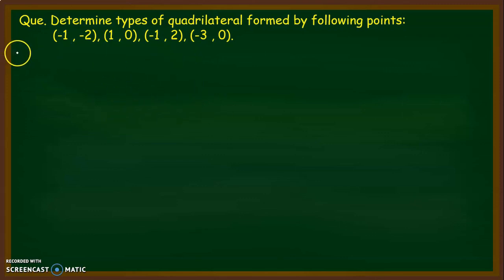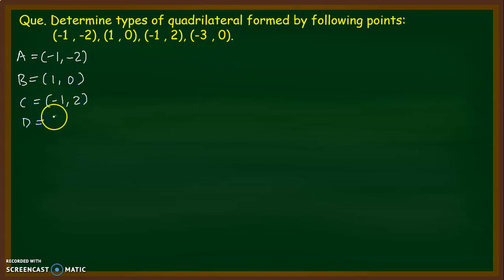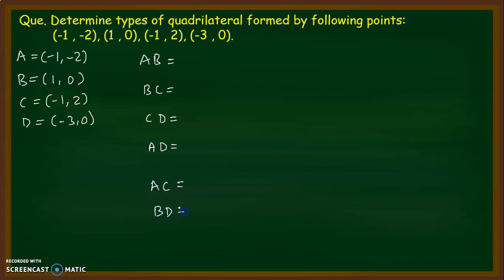So let's say this is the point A equal to -1 comma -2, second point B 1 comma 0, third point C -1 comma 2, and fourth point D -3 comma 0. So let's find out the distance between all the sides: first AB and BC and CD, AD, and the two diagonals, that is AC and BD.